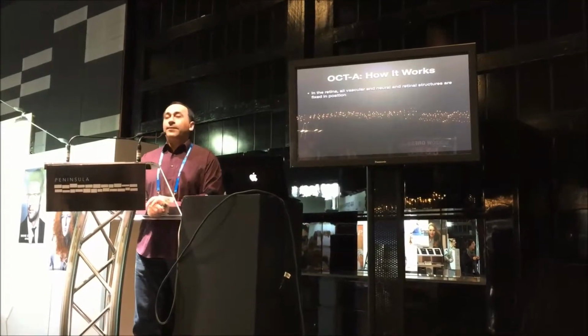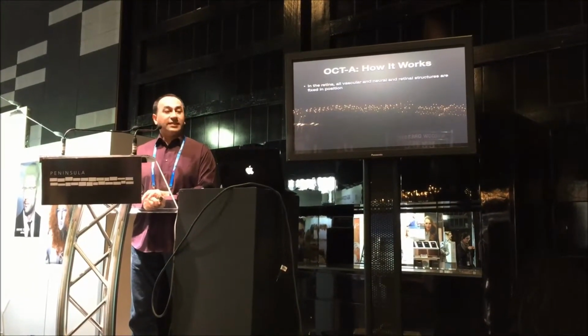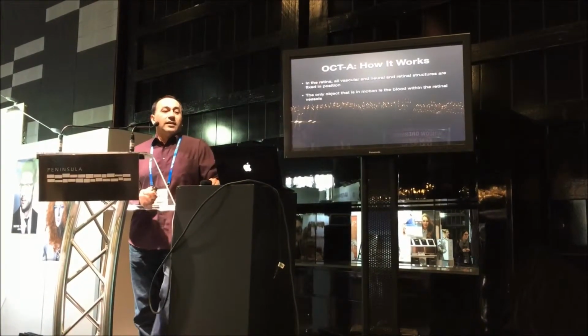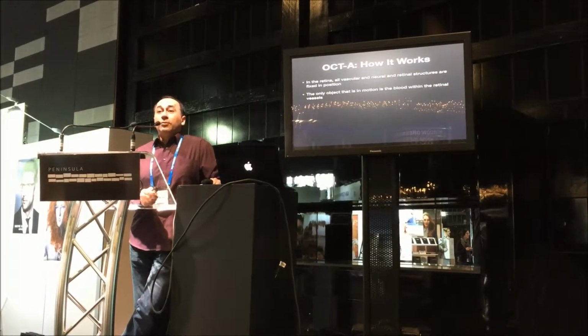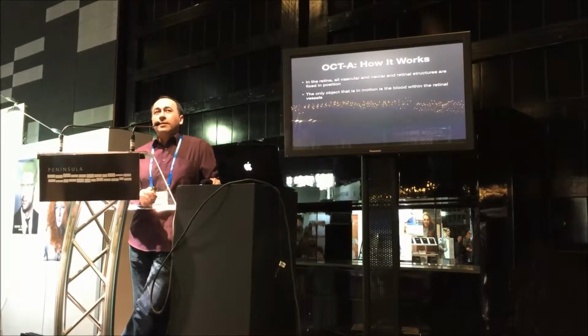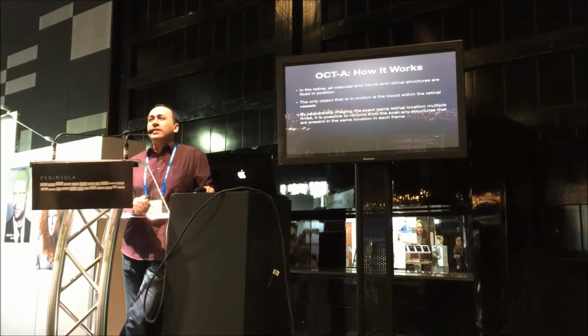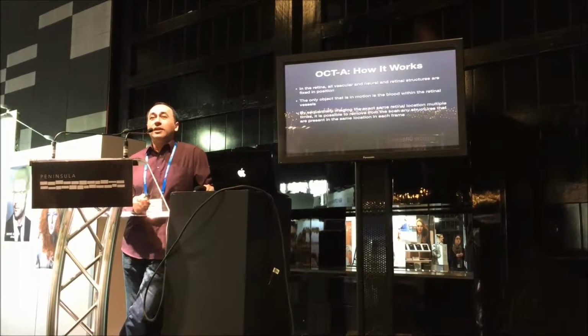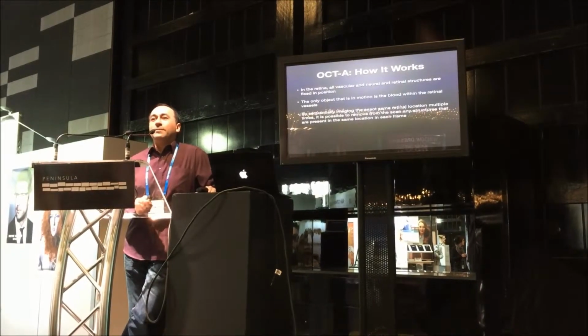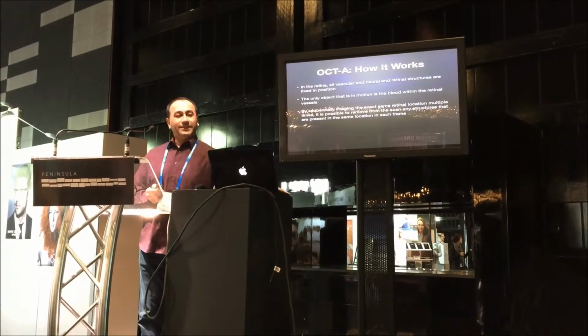In a typical retina, most of the structures are fixed. The only object that's typically going to move are the blood cells within the blood vessels. By sequentially imaging the exact same location 2 to 4 times, you can detect motion within the blood vessels.